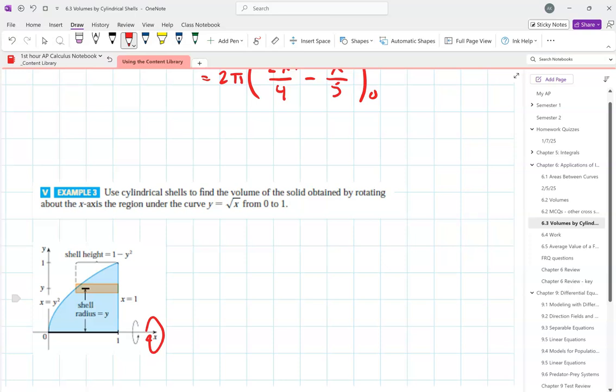So if our axis of rotation is the x-axis, this is my radius. That's a y value. And the height of my shell then is going to be this distance.